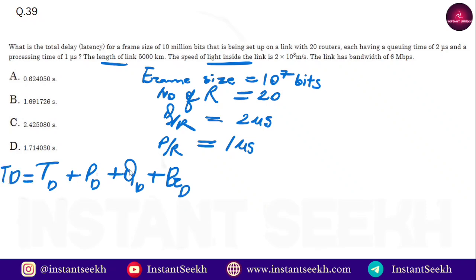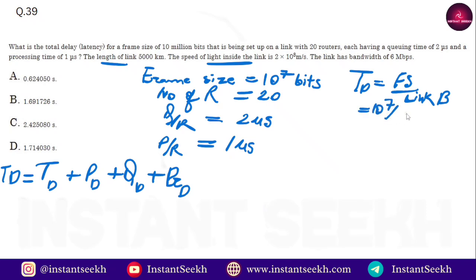So transmission delay, how you can calculate it: TD is basically frame size divided by link bandwidth. What is the frame size here? 10 raised to 7, divided by link bandwidth.